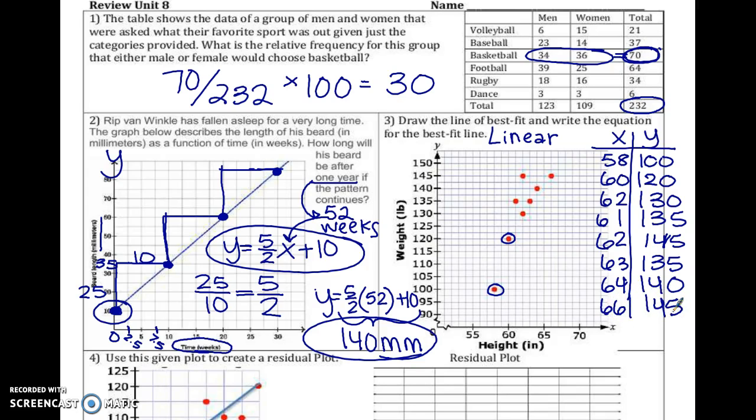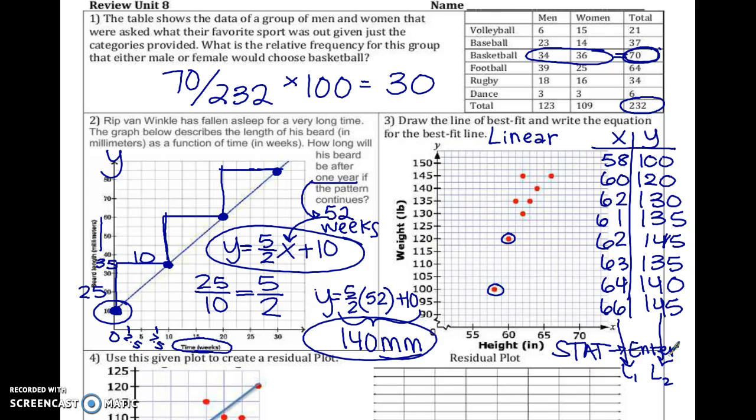So this is when I would go into my calculator and go into stat, enter, and I would type in all those numbers into list 1 and list 2 because I have the x values and the y values.